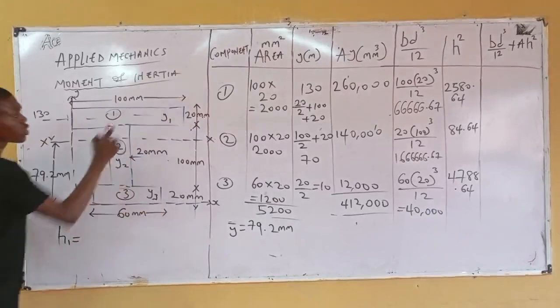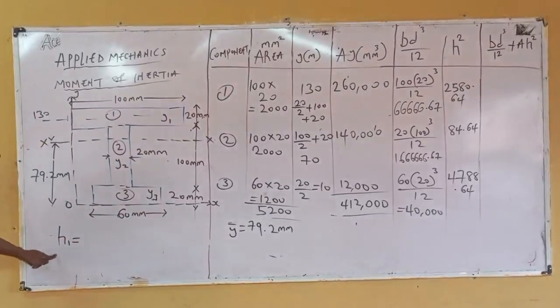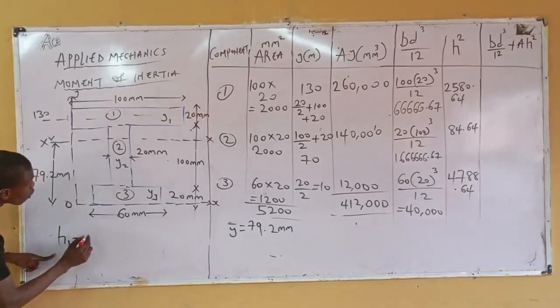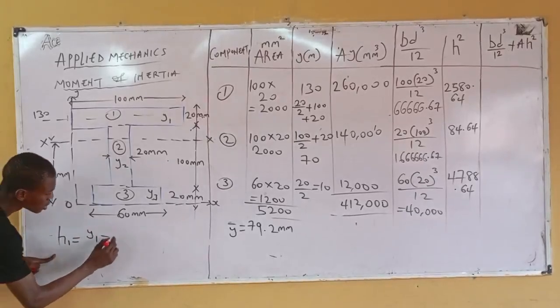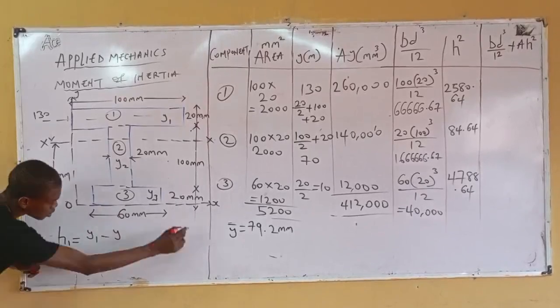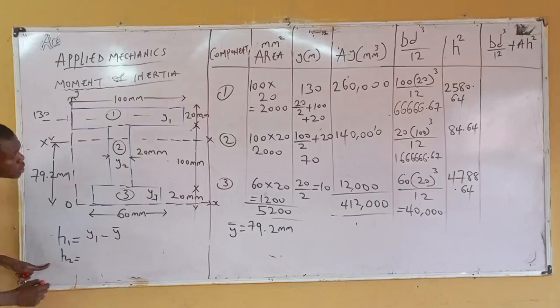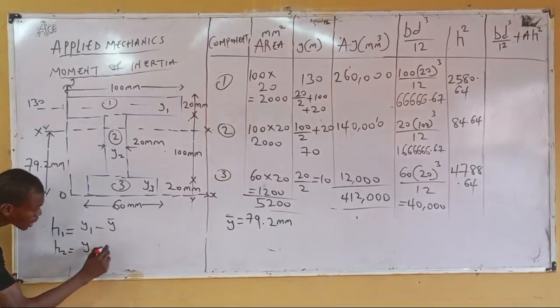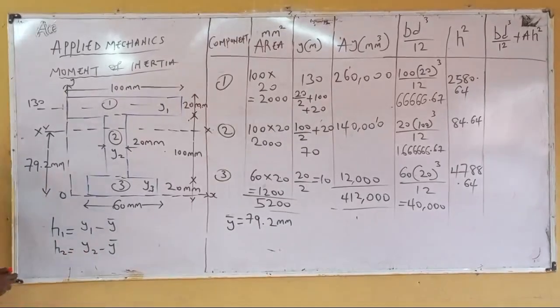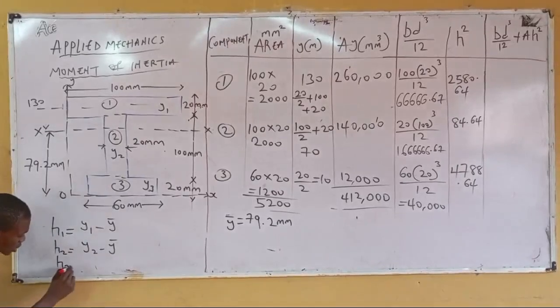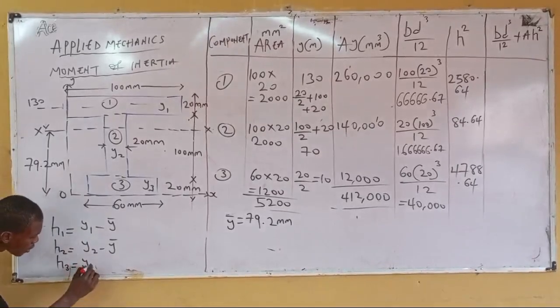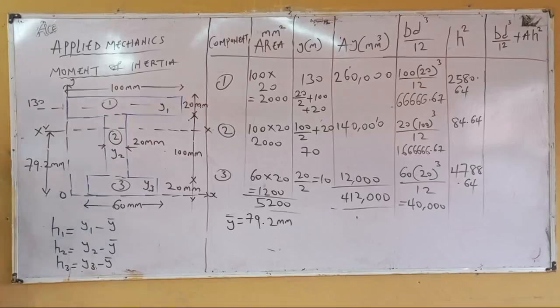So H1 is equal to Y1 minus Y bar. H2 is equal to Y2 minus Y bar. H of the third component, Y3 minus Y bar.